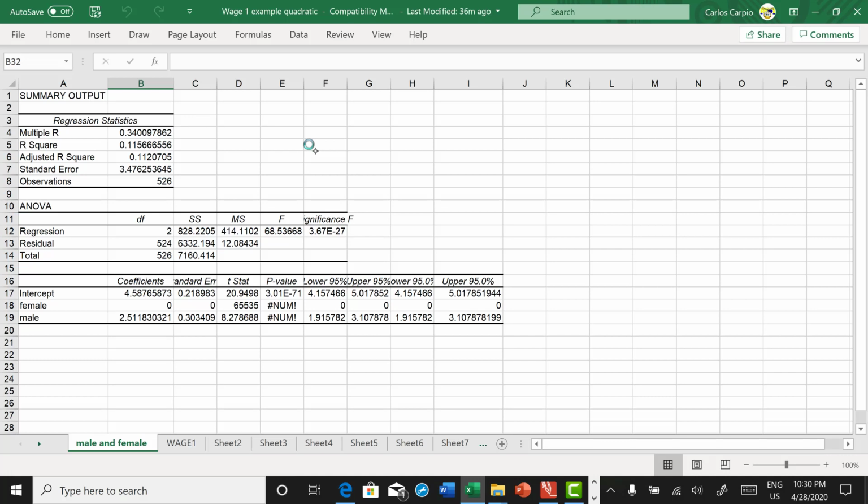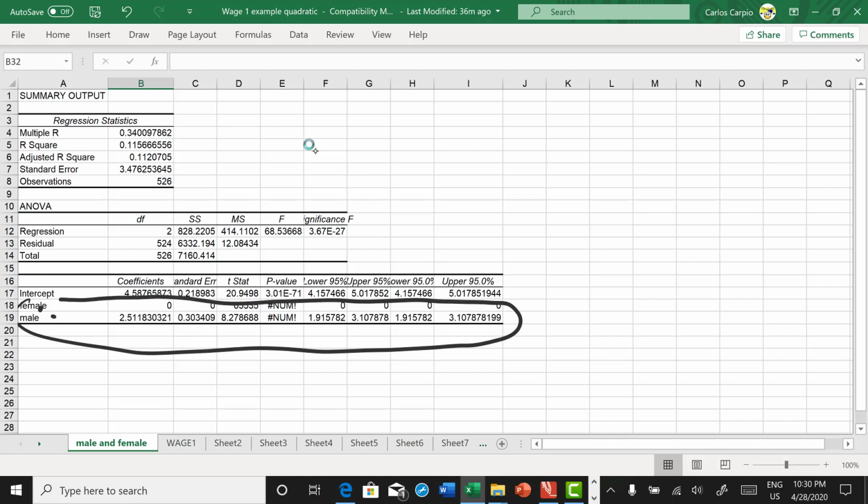So that's what I did. I tried to include both. You see here the Excel output. I tried to include both male and female in the model, but as you can see, I get an error for female. Excel recognizes that that's a problem, because male and female basically contain the same information. So Excel drops one of the variables and only includes the other one.